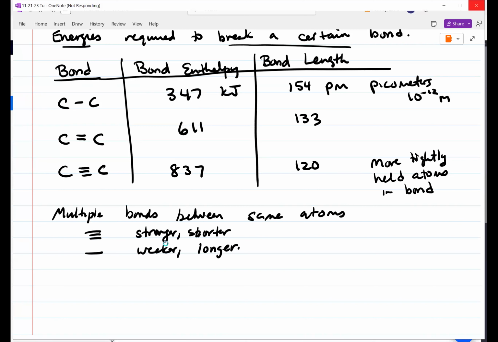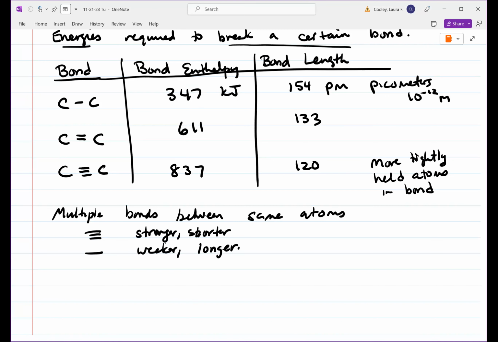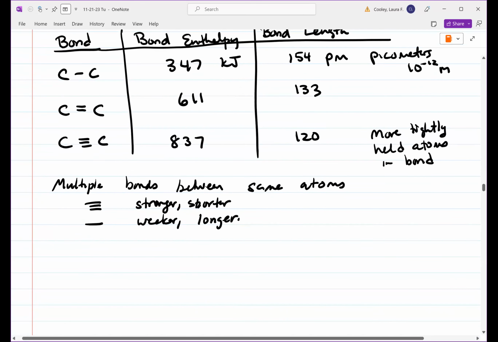I wish I had time to do this because we know what a delta H is for a reaction, and you can actually estimate delta H's for reactions by figuring out what bonds are broken and what bonds form. You can do that by knowing what these bond enthalpies are. You can go bond by bond and figure out whether you're making stronger bonds or breaking stronger bonds, and figure out the delta H's, but we don't have time to do that, so we're not going to.